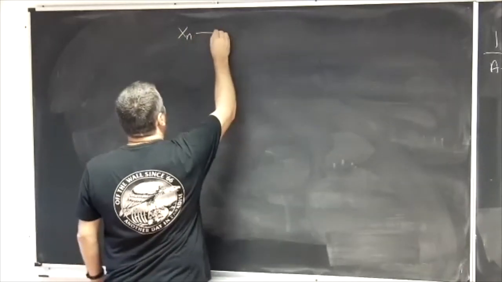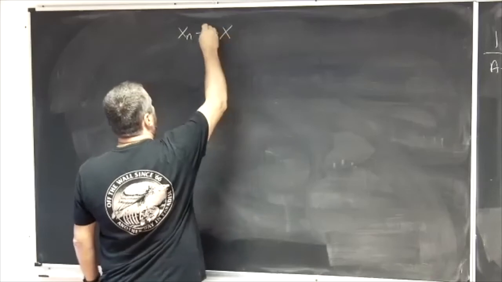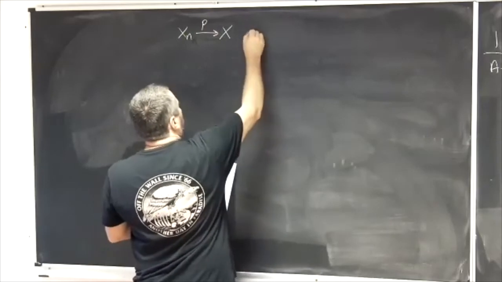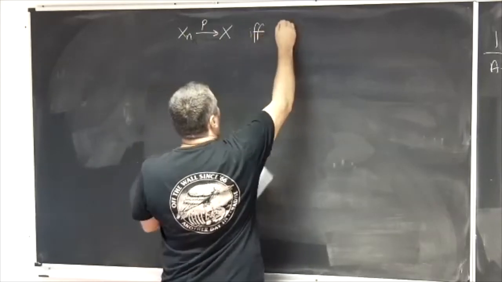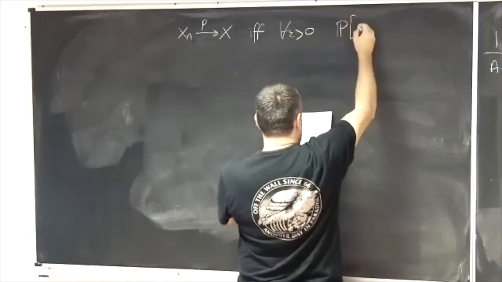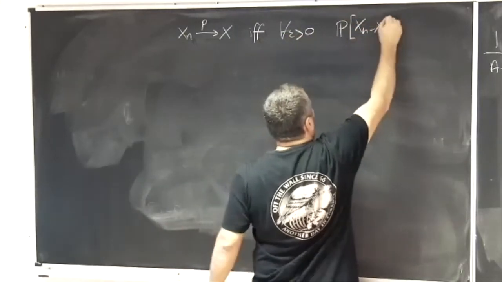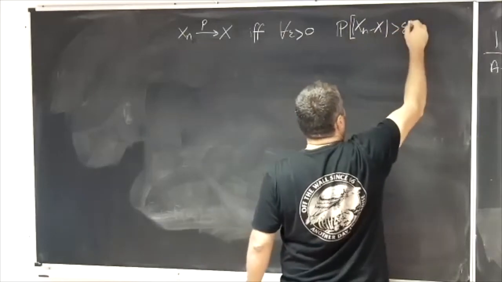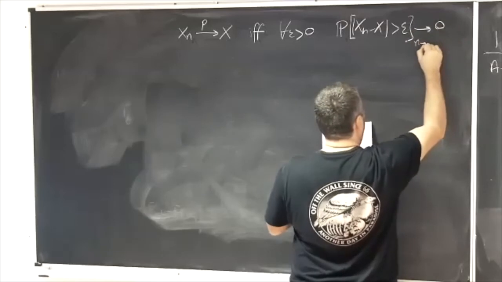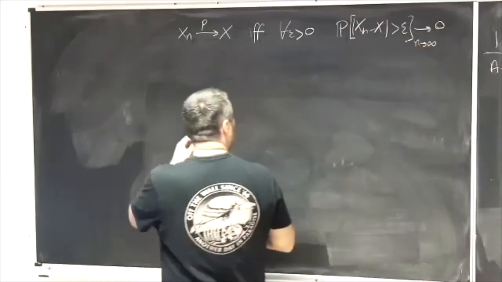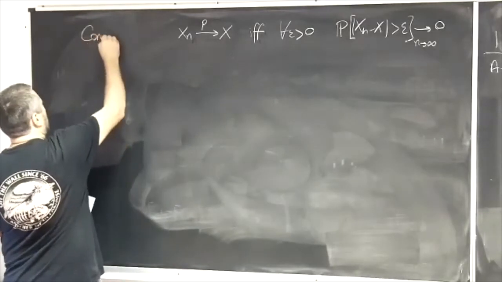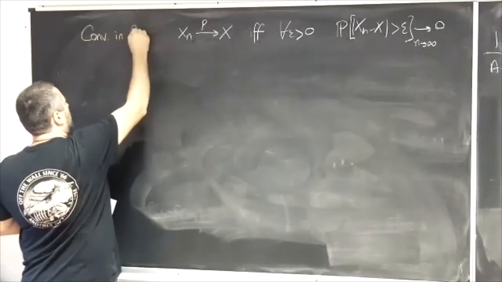We say X_n converges to a random variable X in probability if and only if, for all epsilon bigger than 0, the probability of |X_n minus X| being bigger than epsilon goes to 0 as n goes to infinity. This is what convergence in probability means.